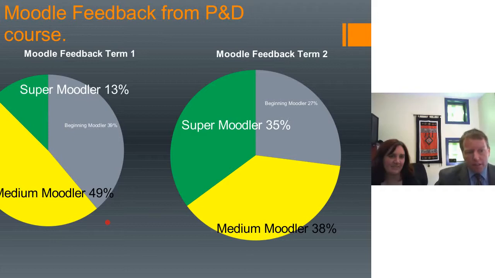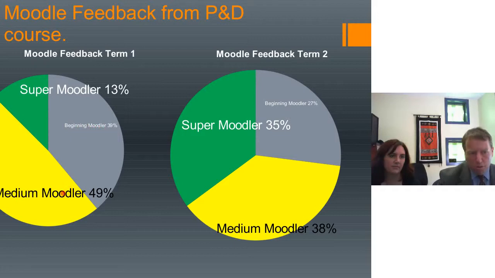So, at the end of the assessment, at the end of term 1, we looked at our staff competency level. We've got a staff of about 70 teachers, and we ranked them in terms of the people who were scoring over 80-90% on that rubric that you just saw, and we called them super Moodlers.